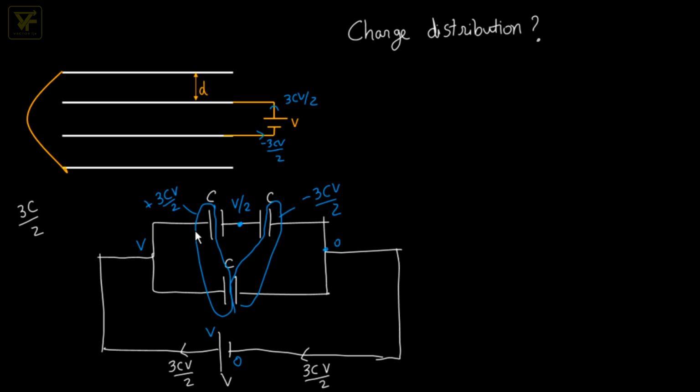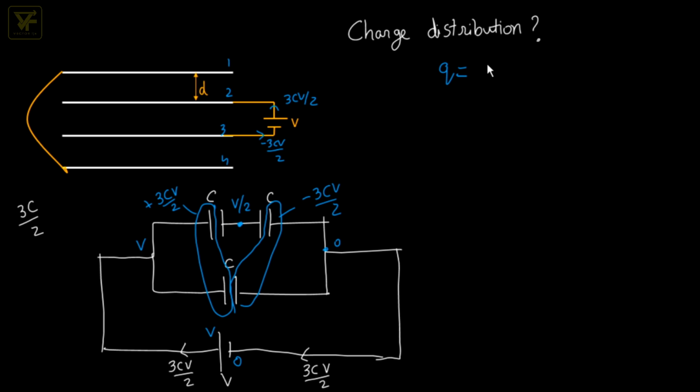Alright, so this capacitor, between the plates 1 and 2, is across a potential difference of V by 2. So the charge in this capacitor will be CV by 2. Yes or no?